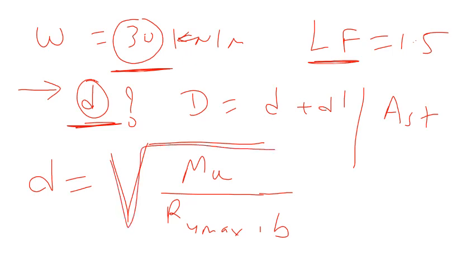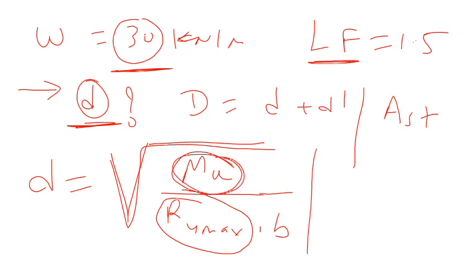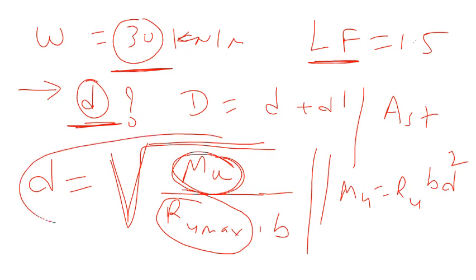If you remember the formula for Ru max, then you can find it. Or if you remember the formula for Mu, Mu is equal to Ru into b d square. I will write down the formula here. If we re-arrange that formula, then we will get this formula.